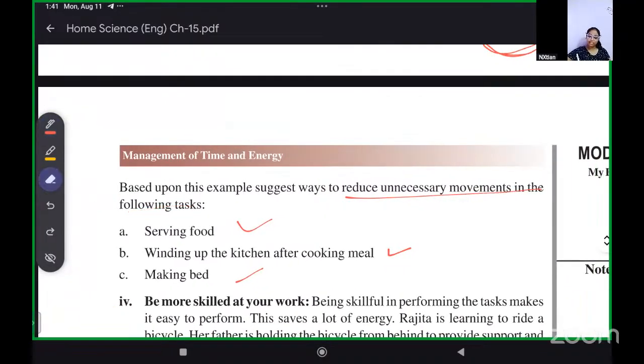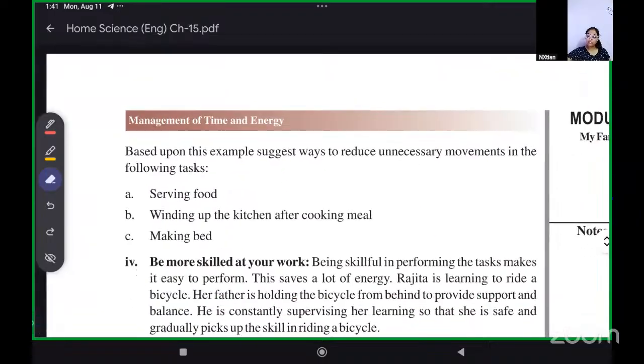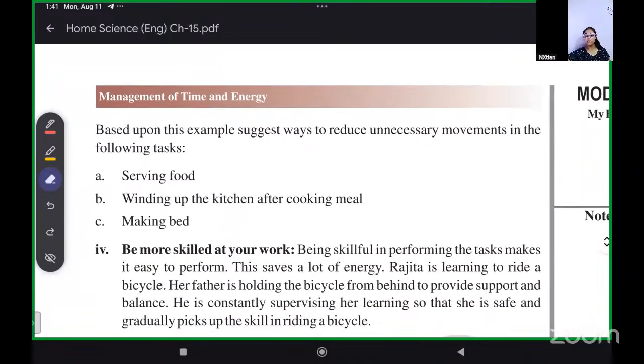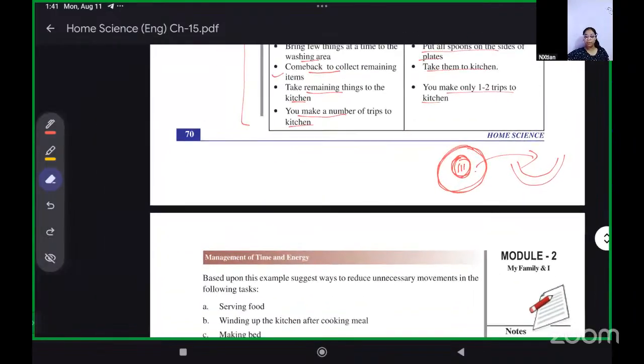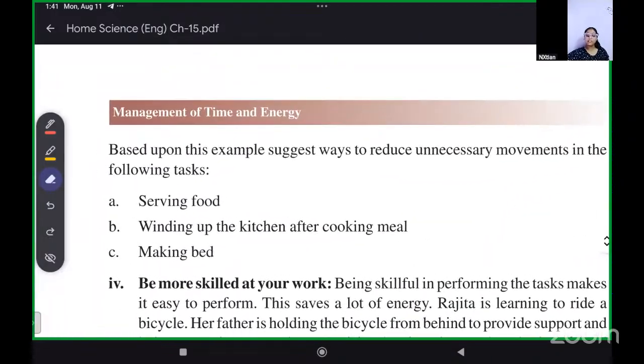Based on this example, you have to suggest ways to reduce unnecessary movements in the following tasks. How can we do these things? By reducing our unnecessary movement, unnecessary going here and there in the house. This is one homework.